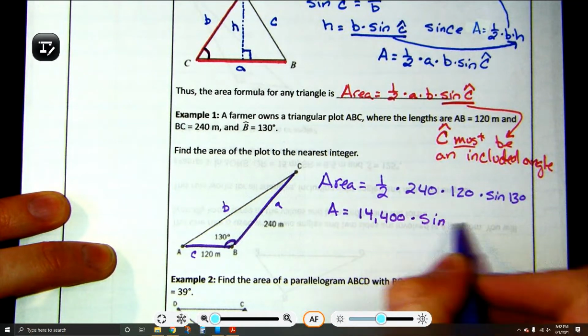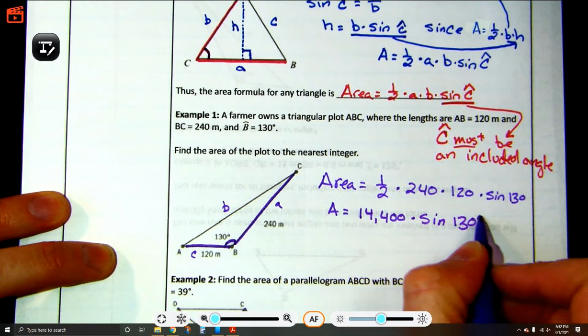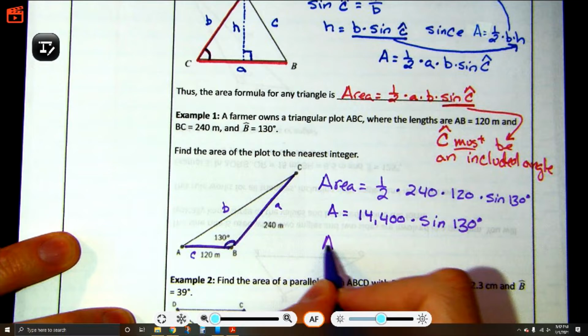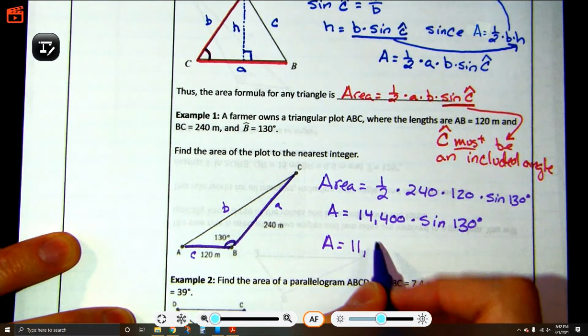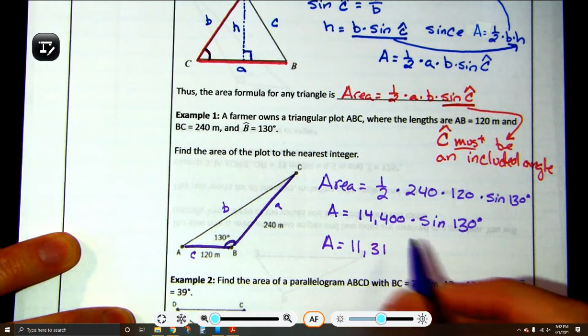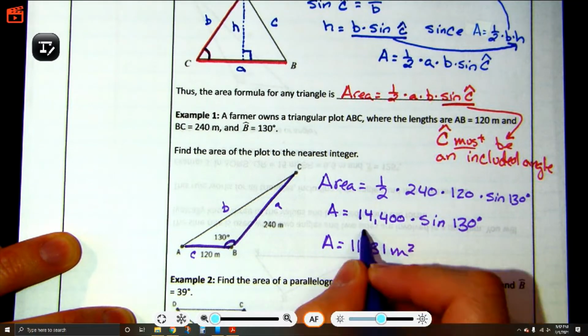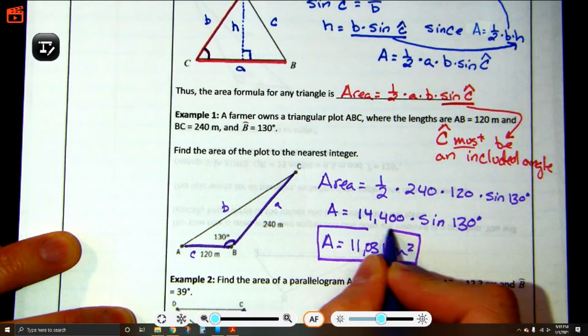And now you can grab a calculator and plug that in to the nearest integer. It's going to be 1031 meters squared. So you might want to go back, grab a calculator, and work through that as well.